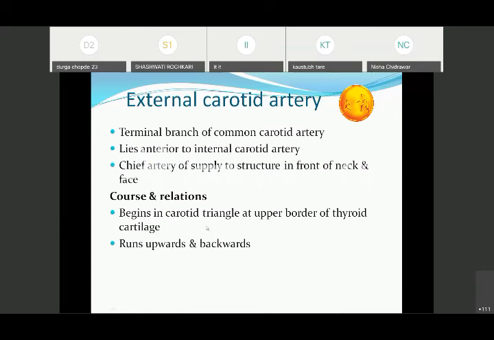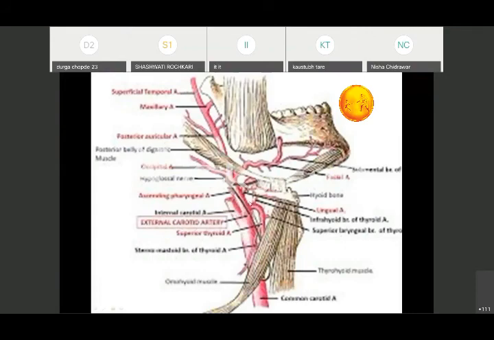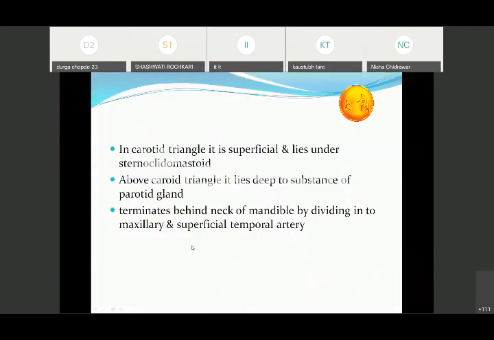The course: it begins in the carotid triangle at the upper border of the thyroid cartilage. It runs upward and backward, as you can see. In the carotid triangle, it is superficial and lies under the sternocleidomastoid muscle. Above the carotid triangle, it lies deep in the substance of the parotid gland.